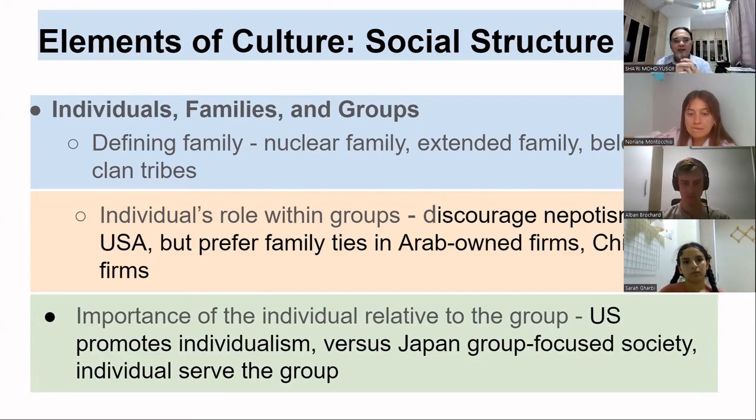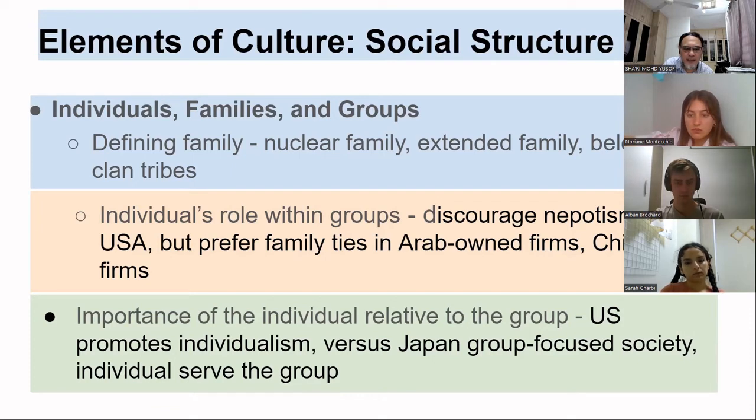So if you are a company and you try to practice your individualism way of paying salary in Malaysia, for example, or in Japan, it will be opposed by the members, the employees in that company. So you don't want to overpay the individual, right?